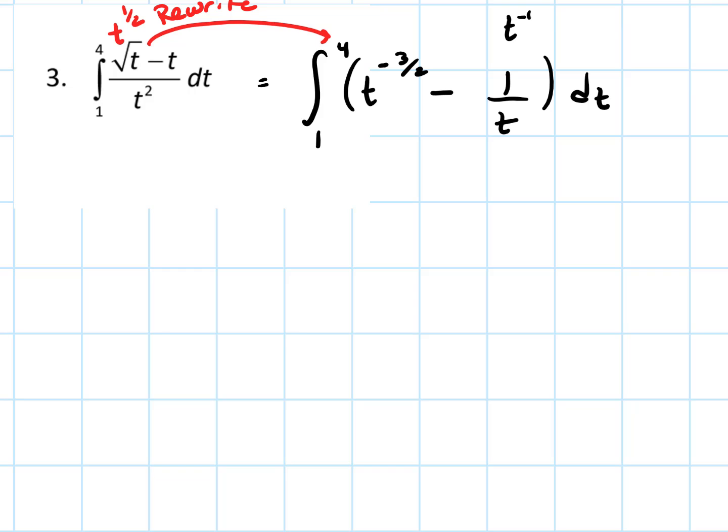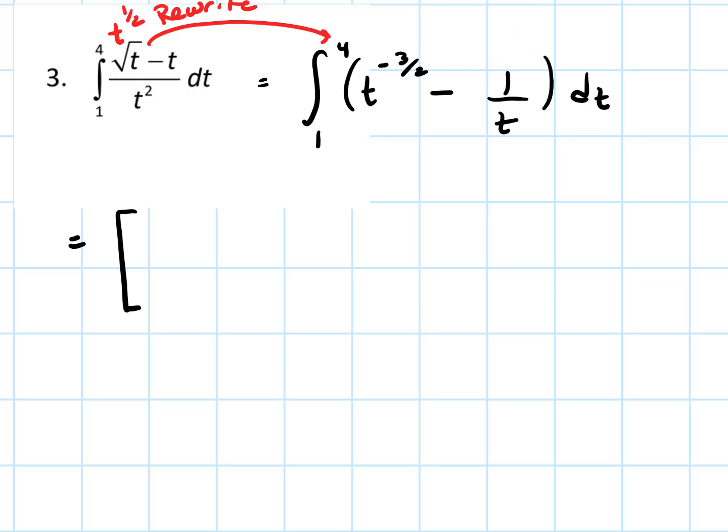But again, this piece is the one piece, the exponent of 1 on x, or in this case t, that we can't actually just apply the power rule to. So we have to recognize that 1 over t, t to the negative 1, actually has an antiderivative of the natural log of t, natural log of the absolute value of t. So when I go to actually find this antiderivative now, I can apply the power rule to the first part.